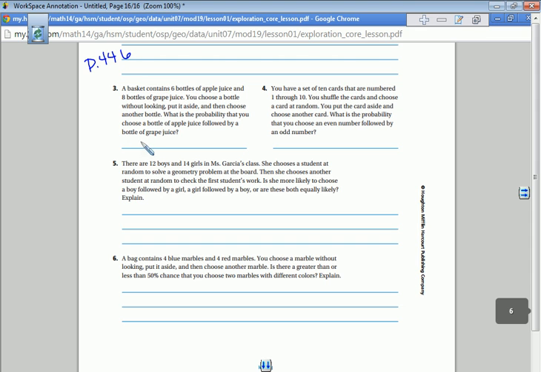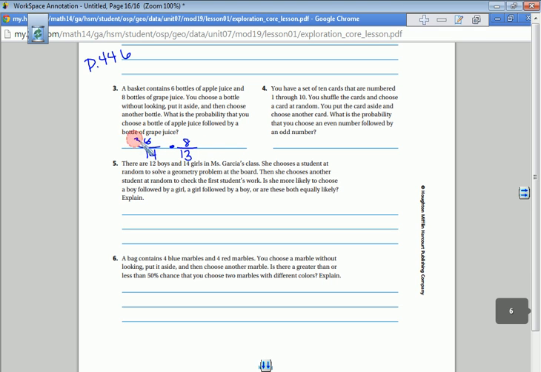So the probability of A choosing apple juice would be, how many apple juices are there? 6 out of how many bottles are in the cooler? 3 7s. 14. You're right, 3 7s. Okay, now, because it's dependent, when we look at followed by grape juice, how many grape juice bottles are still in the cooler? 8 out of how many bottles are still in the cooler? 13.